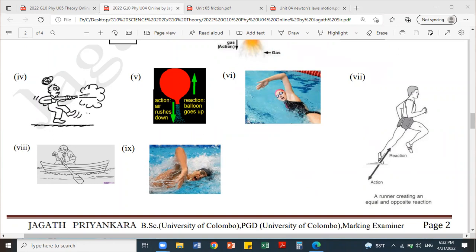Next one, number 7. You make the action on the ground. That is the action. Action you make on the ground and reaction on your feet.